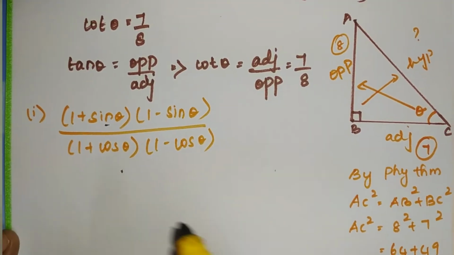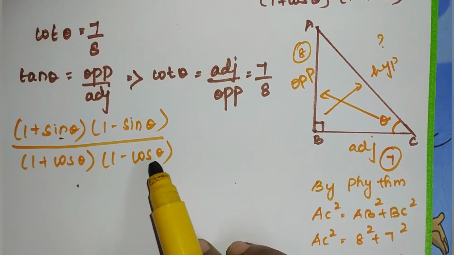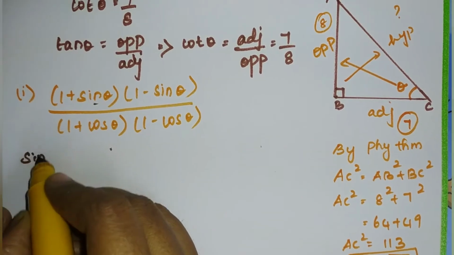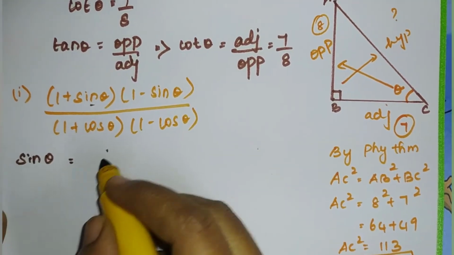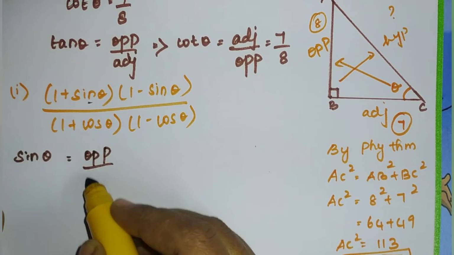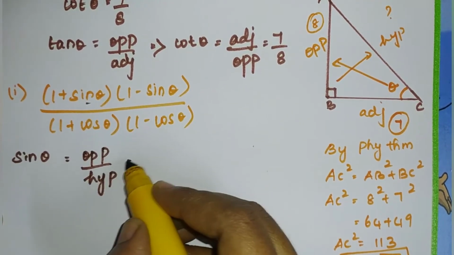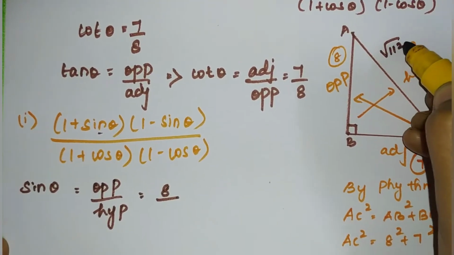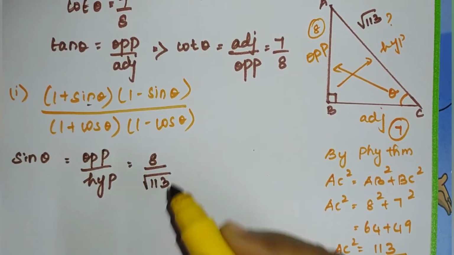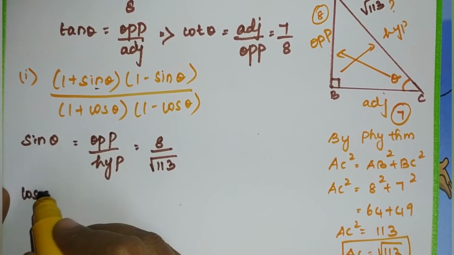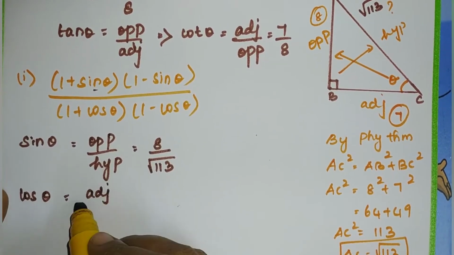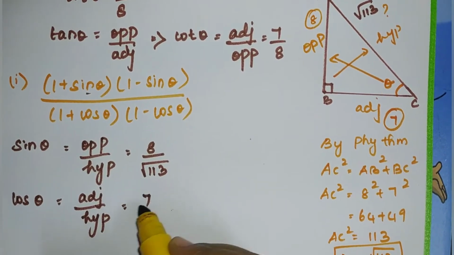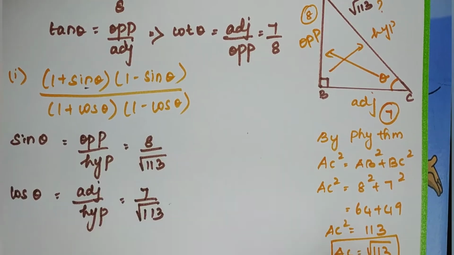Here they represented theta only, so keep the diagram as it is and find the value of sin theta and cos theta. Sin theta formula is opposite by hypotenuse. Opposite is 8, so 8 divided by root 113. And then cos theta is equal to adjacent by hypotenuse. Adjacent is 7, so 7 divided by root 113.